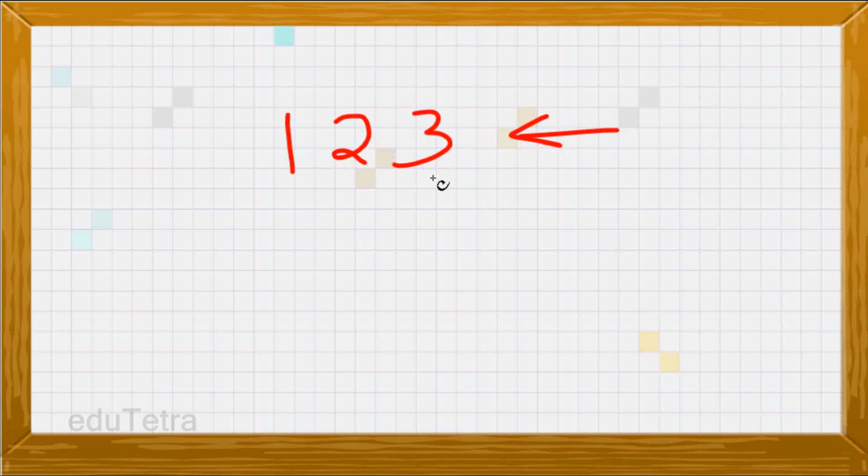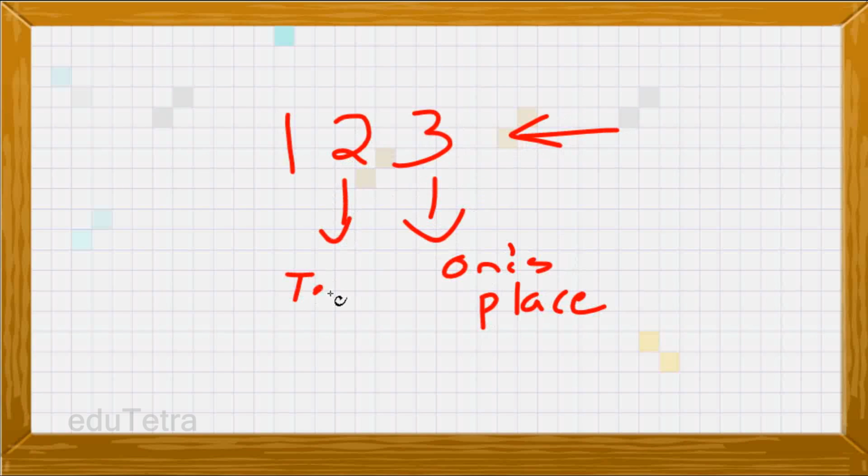The rightmost digit is 3 and we say 3 is in the ones place. 2 is the next digit and we say it is in the tens place. The next digit is 1. We say 1 is in the hundreds place.